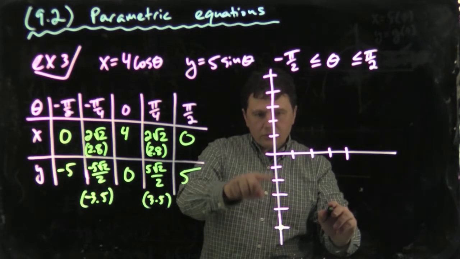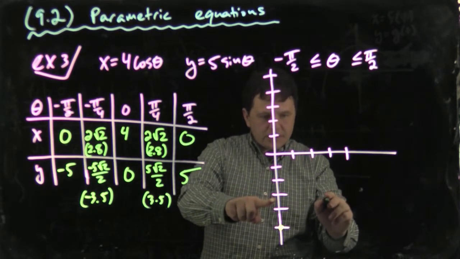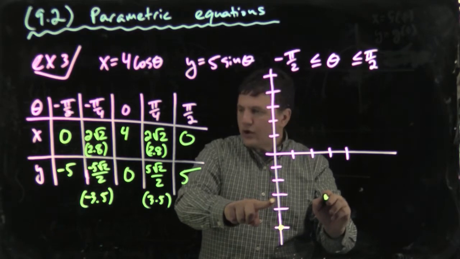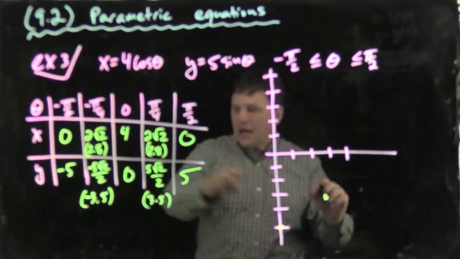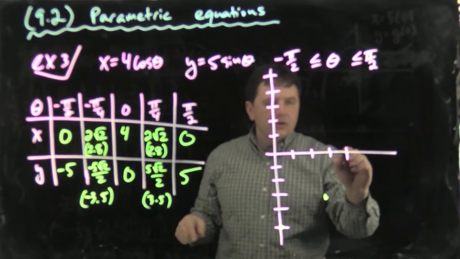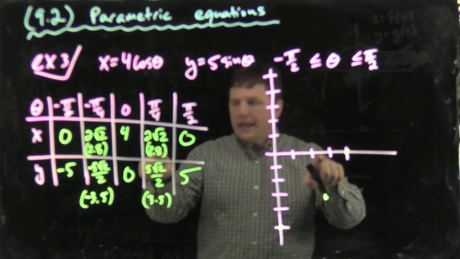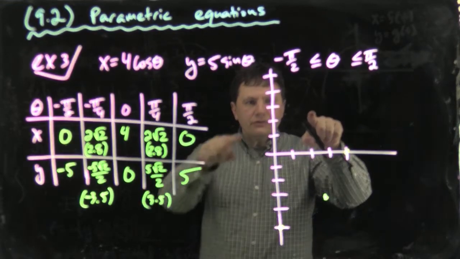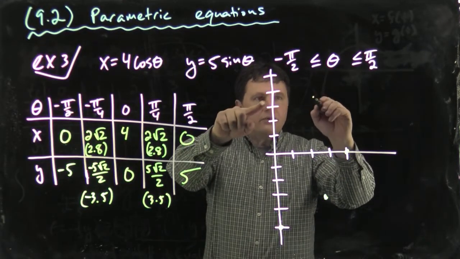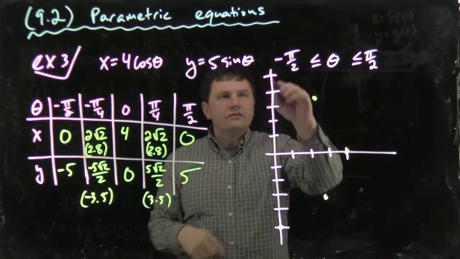Oh wait, 1, 2, 3. Okay, counting is problematic. So that point goes right there. Okay, 4, 0, right here. 2.8 and 3.5. So that goes right about here. And then finally 0, 5.